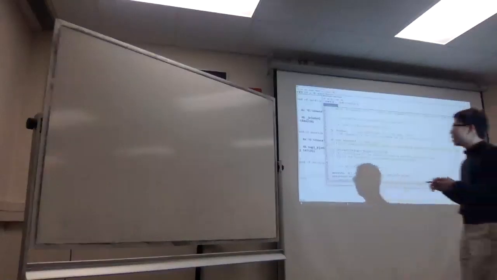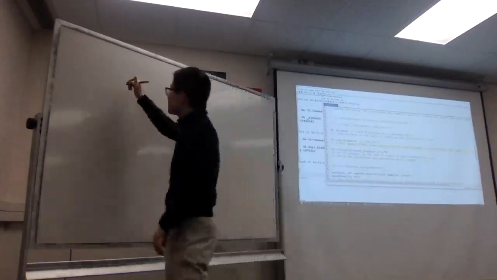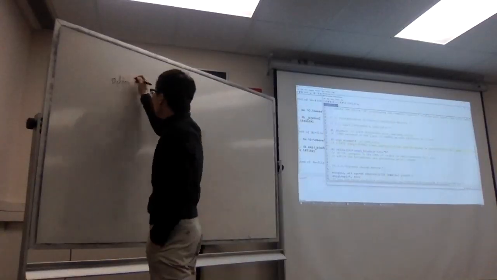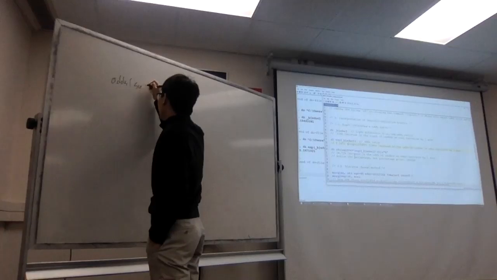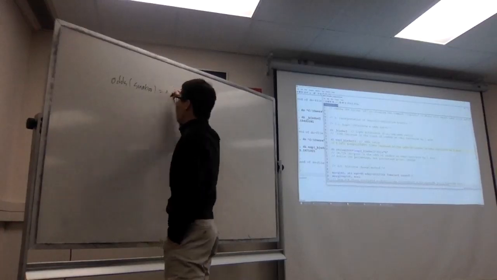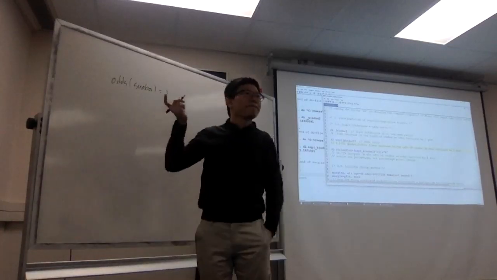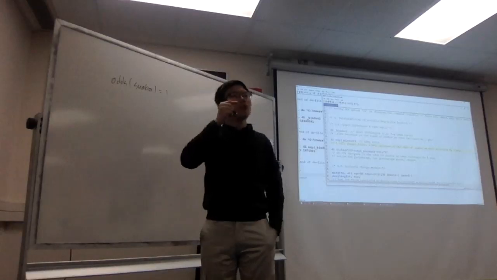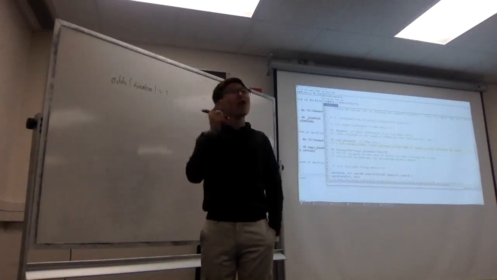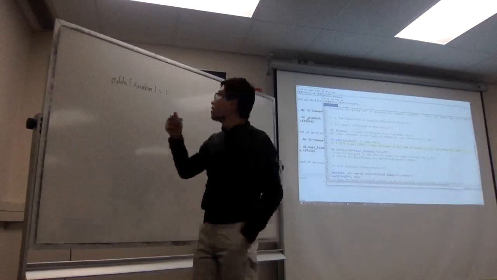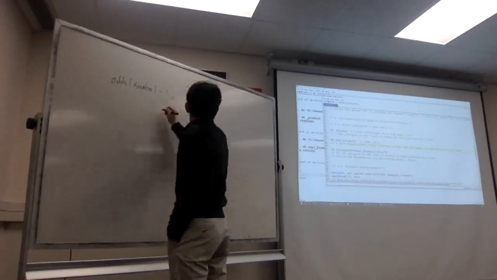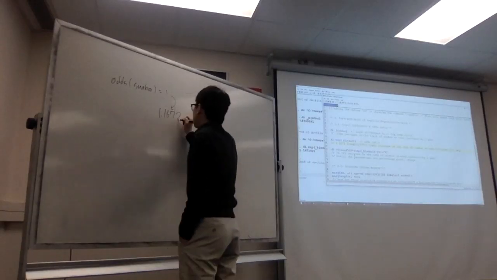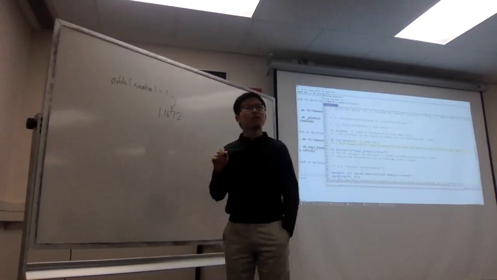For example, let's say this person's odds of supporting abortion rights was 1, right? But as this person's education increases by 1 year, then it becomes 1.1672.